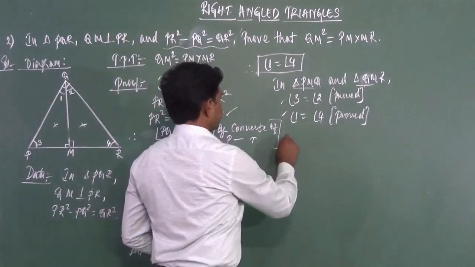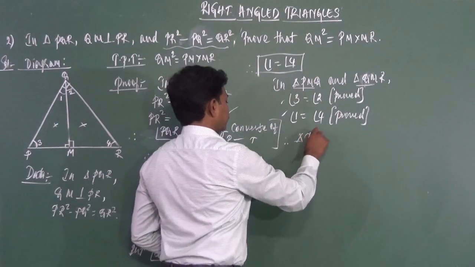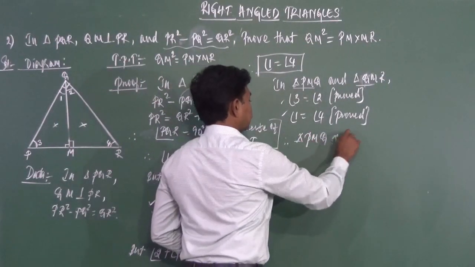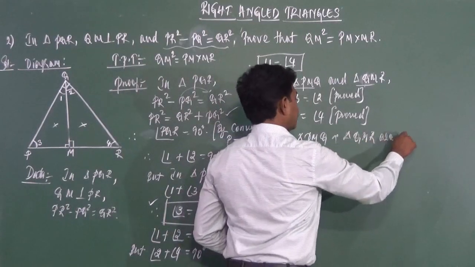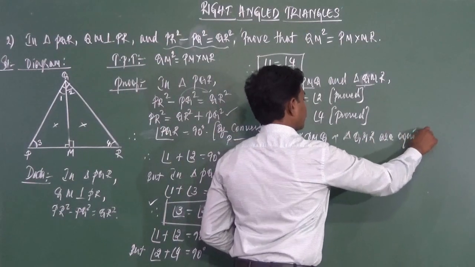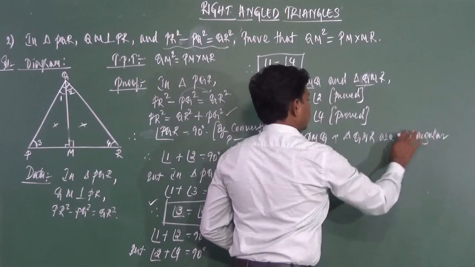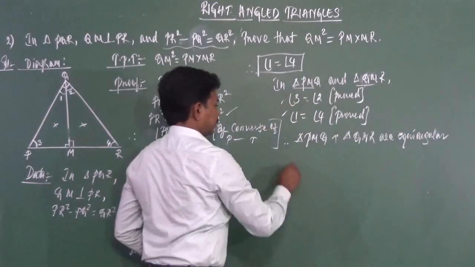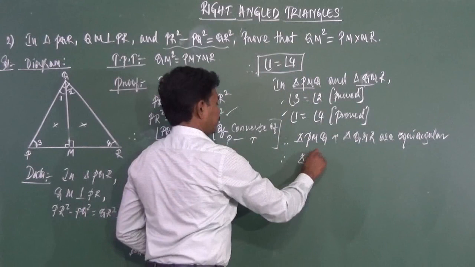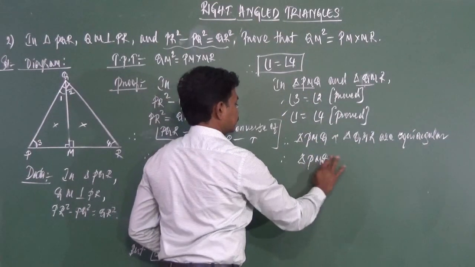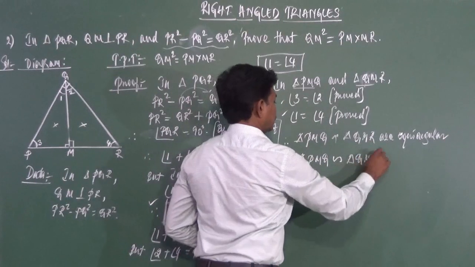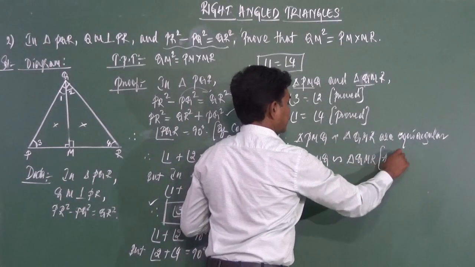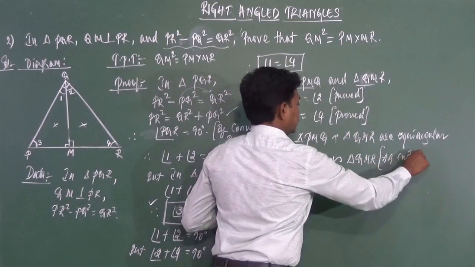So therefore triangle PMQ and triangle QMR are equiangular, right? So therefore triangle PMQ is similar to triangle QMR according to the AA criterion.